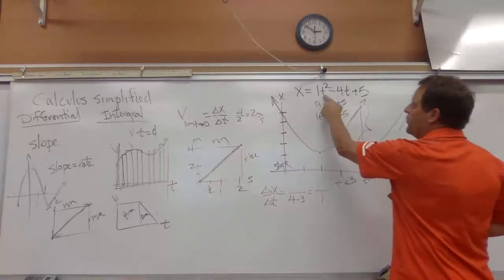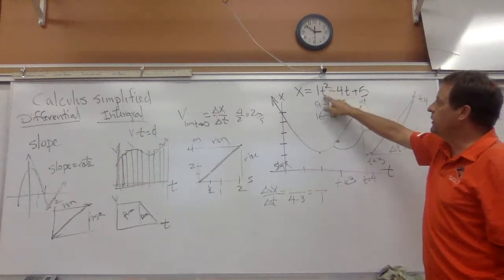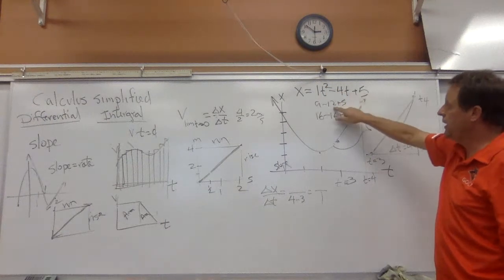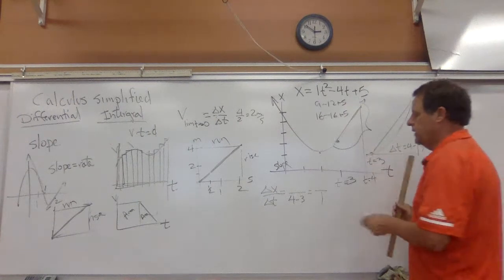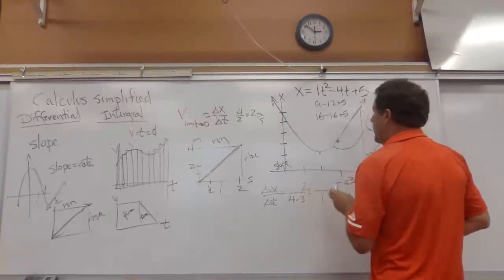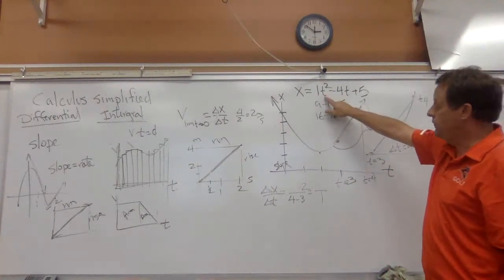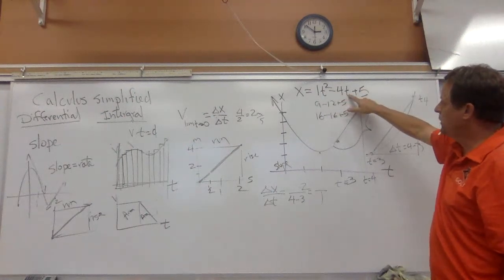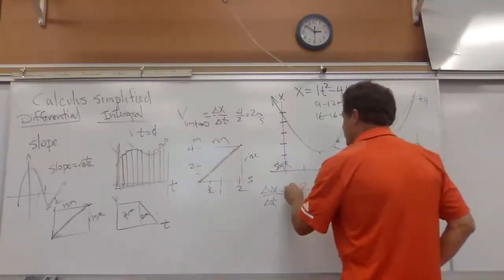So if we put in 3 for t, we're going to get 3 squared, which is 9, minus 4 times 3, which is minus 12, plus 5, and that is going to give us 2, right? Now, that was our initial position. Now, our final position is going to be 4. So 4 squared is 16, minus 4 times 4 is minus 16, plus 5, and then that would give us 5.